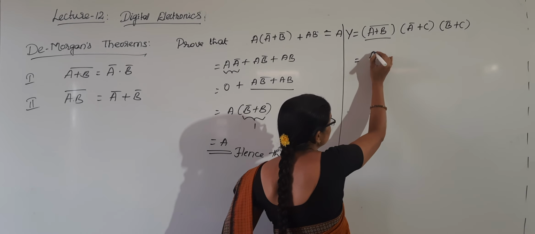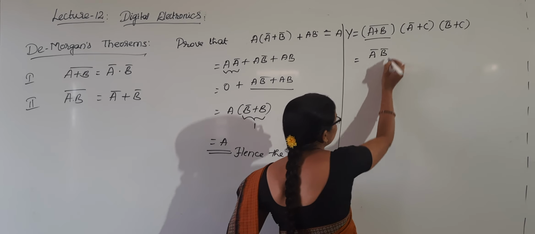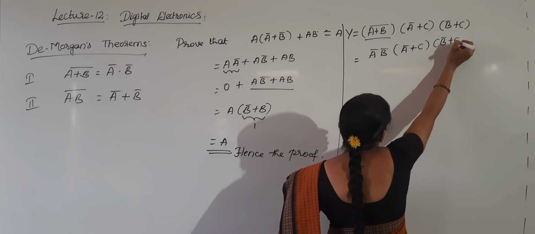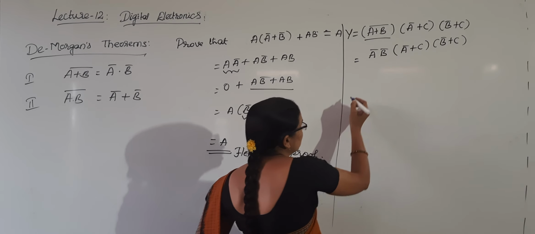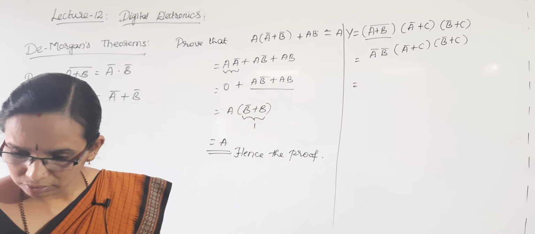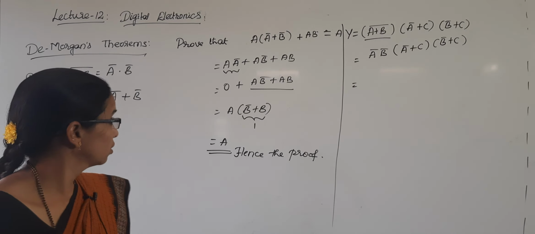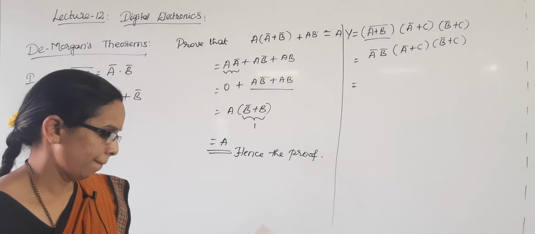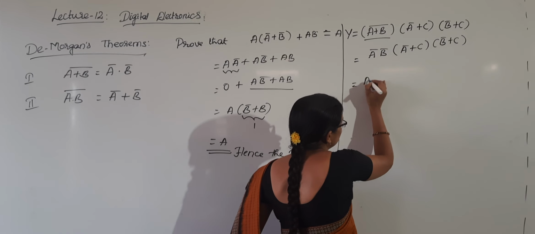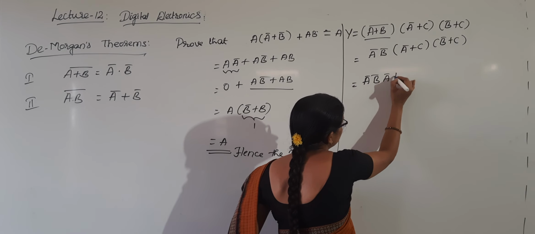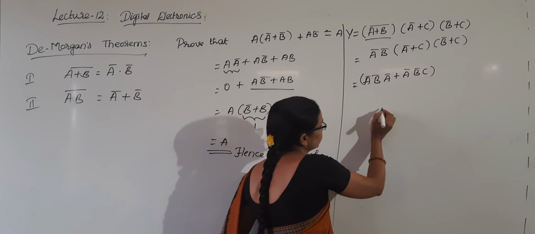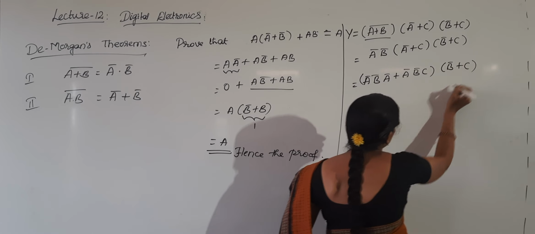So I will split this, then a bar b bar into a bar c into b bar plus c. Oh, we have done this. I split this a bar b bar into a bar plus a bar b bar into c, b bar plus c. I will write like that only.